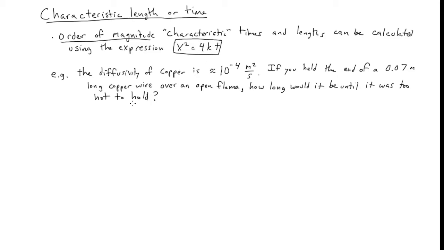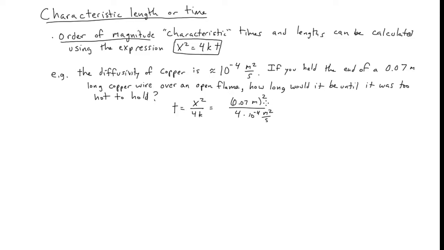You're solving for time, in this case x squared over 4 times the diffusivity. So we had 0.07 meters, squared, divided by 4 times 10 to the minus 4 meters squared per second.